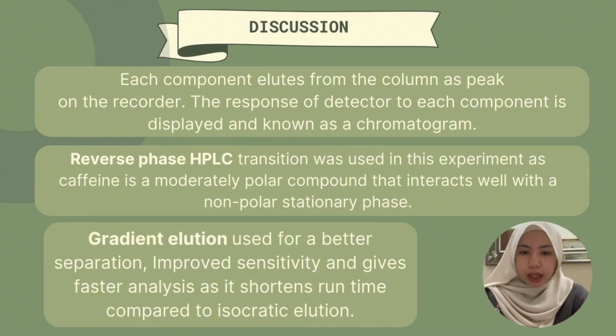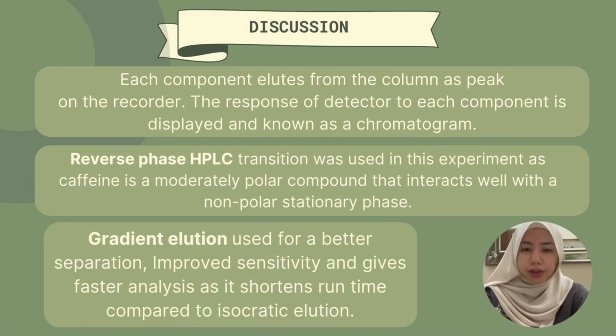Moving on to discussion, in HPLC, each component elutes from the column as a peak on the recorder. Chromatogram is the response of the detector to each component displayed. Reverse phase HPLC is more widely used due to its versatility and better reproducibility.